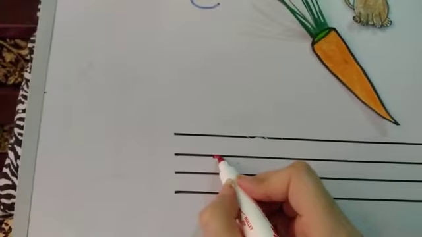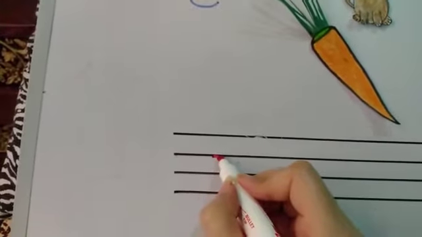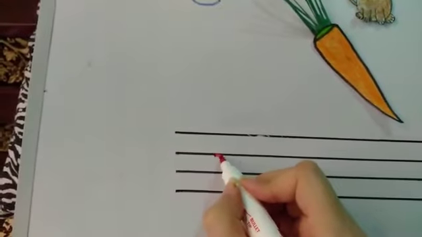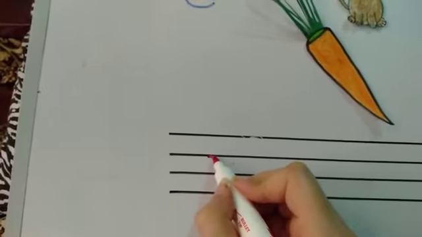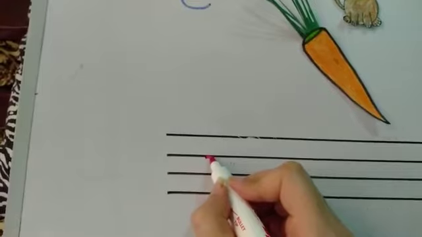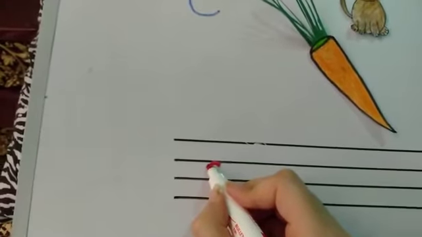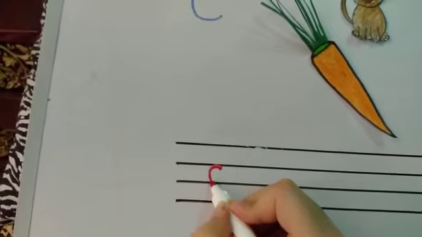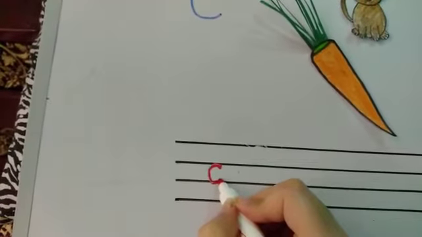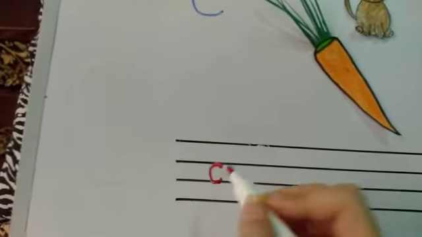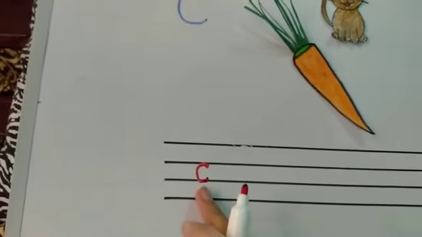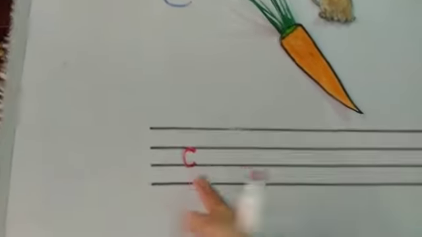From the second line we put a dot here and then we'll draw a small circle from this dot like this and then we stop there. So that's how we make the alphabet C, K.